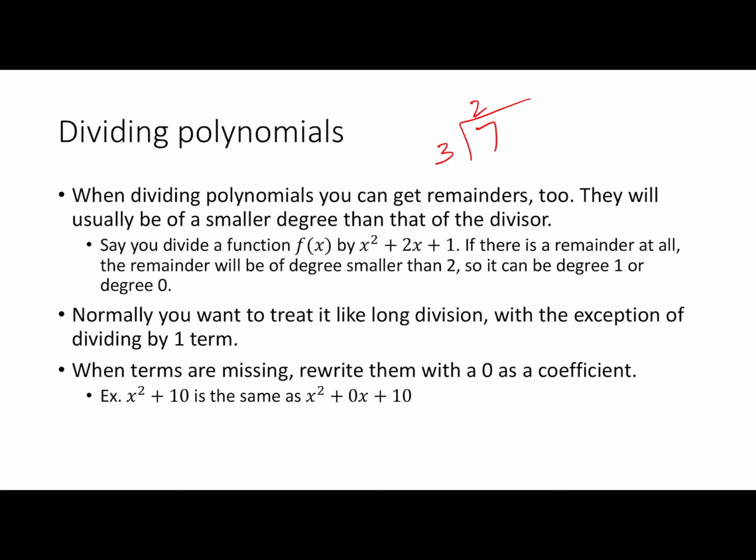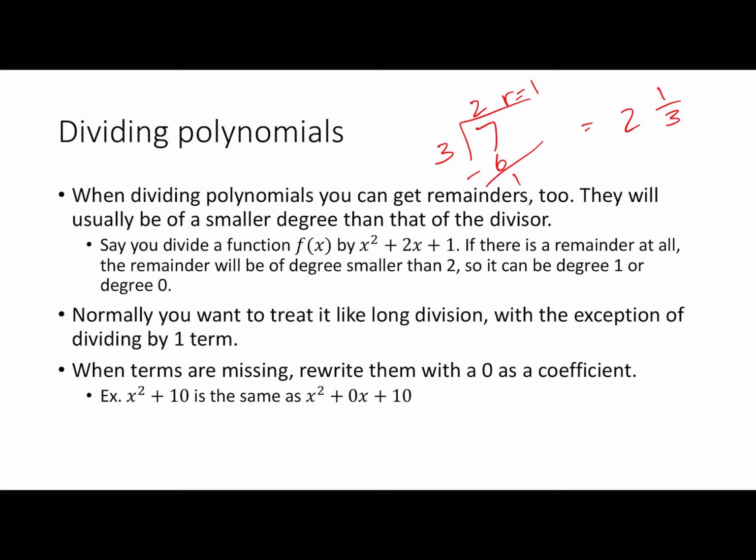If I take 2 times 3, that gives me 6. I subtract them, I get 1. Now 1 doesn't fit into 3, or 3 doesn't fit into 1, I mean. At this point, we can say we have a remainder of 1, but our answer is actually 2 and 1/3. That's what our values would be.